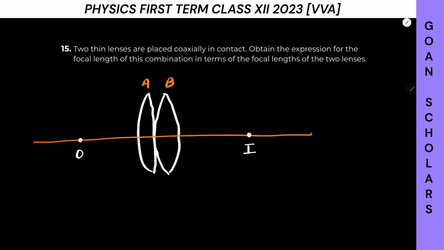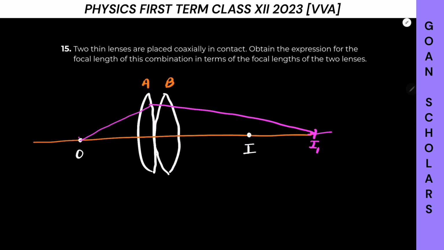The image formed due to the first lens is a little apart, at I1.